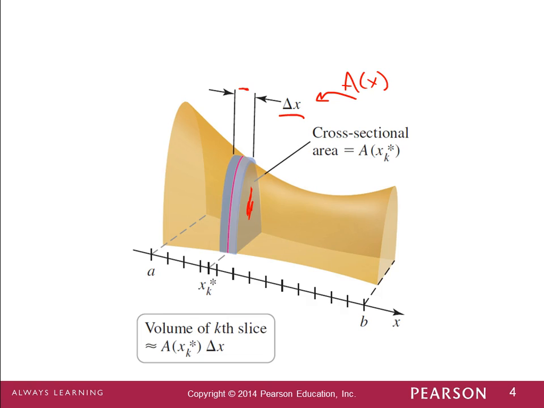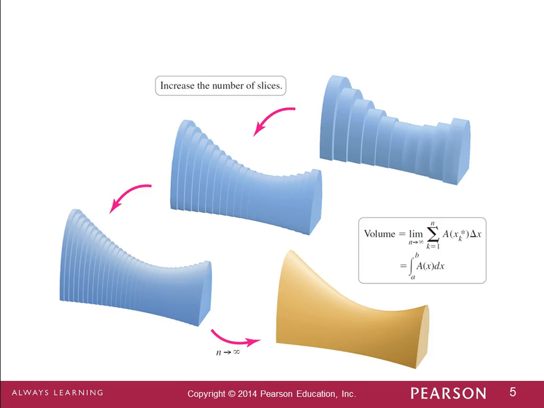You might understand where we're going with this. If we do this an infinite number of times from A to B, and we make that delta x approach 0, turning delta x into the differential dx, then we're left with an integral. If we integrate that area function, we are able to get the volume of the object.